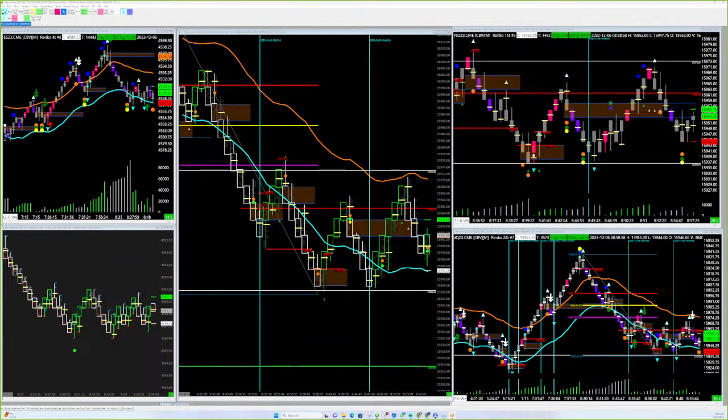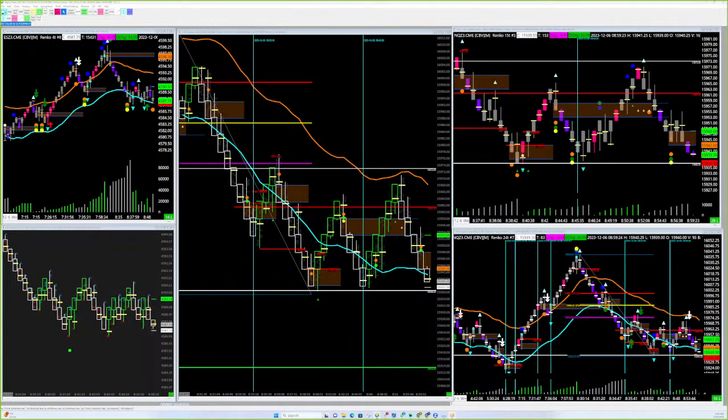And we've come to a standstill. There's the 42. Now I'm looking for a pink bar up or a blue dot over here, either one.